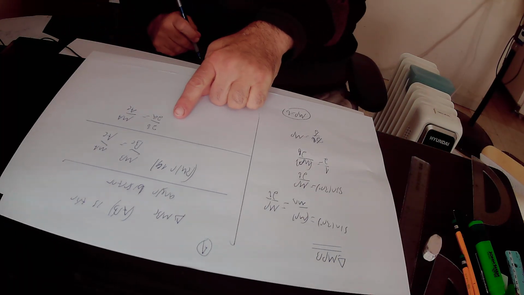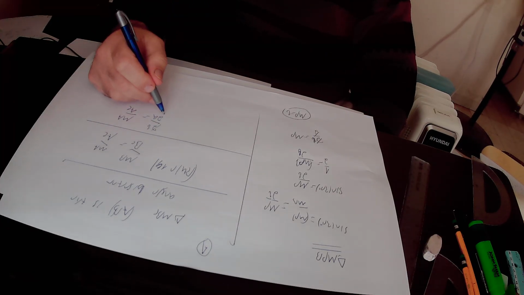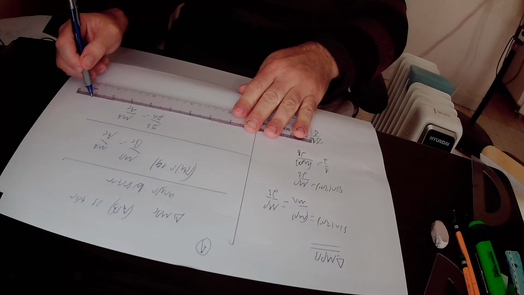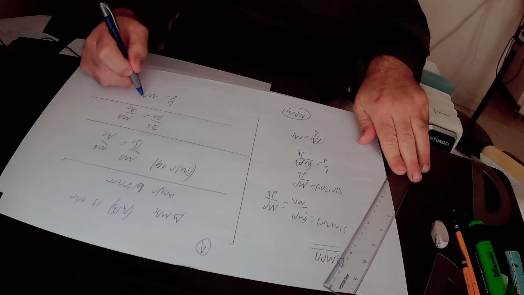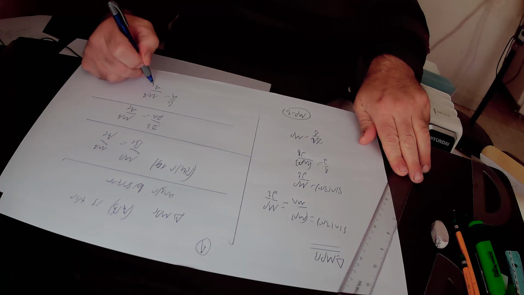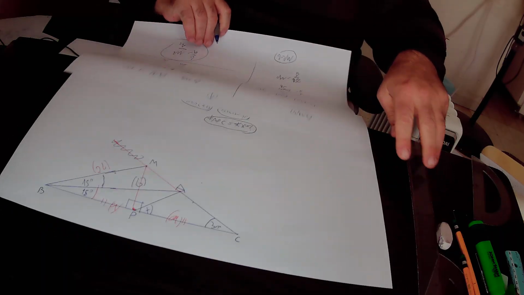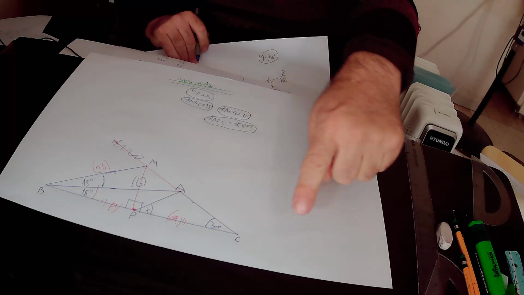Here we have 2 in the numerator and 2 in the denominator, so 2 will get cancelled. So on the side of the equation we are left with B over A equals MA over AC. So we found out that B over A equals MA over AC.